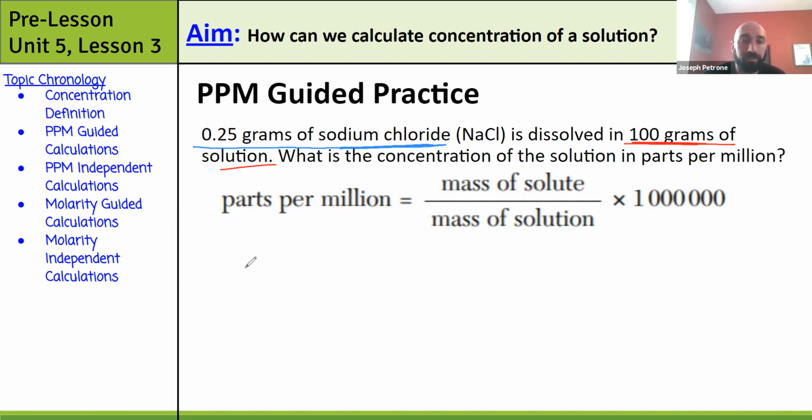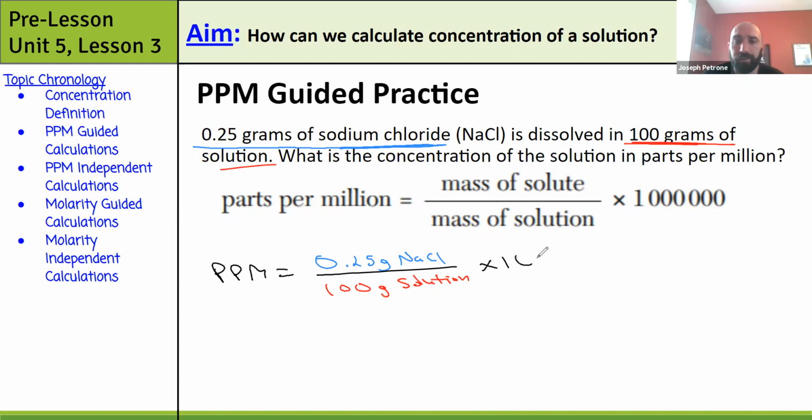So once again, our formula, PPM, is equal to our 0.25 grams of solute, NaCl, divided by 100 grams of solution. Doesn't specify what the solvent is, but we don't necessarily need to know. And then multiplied by 1,000,000.